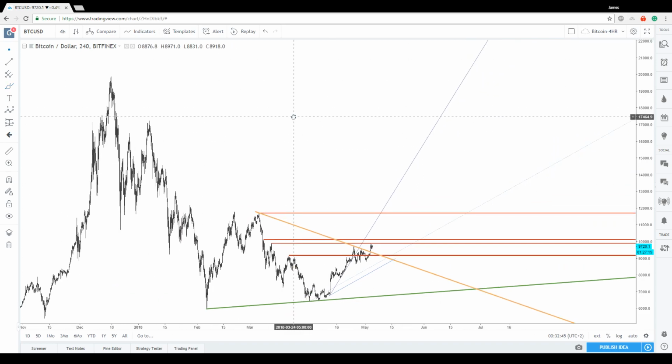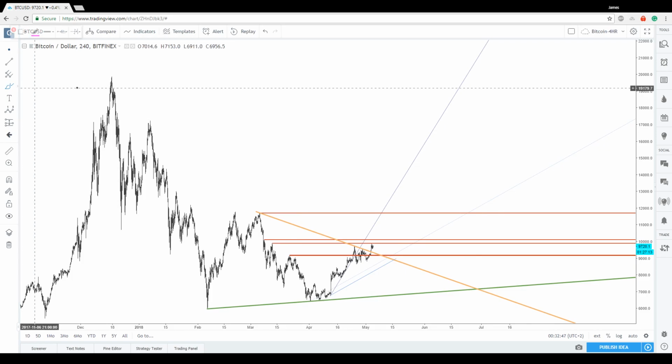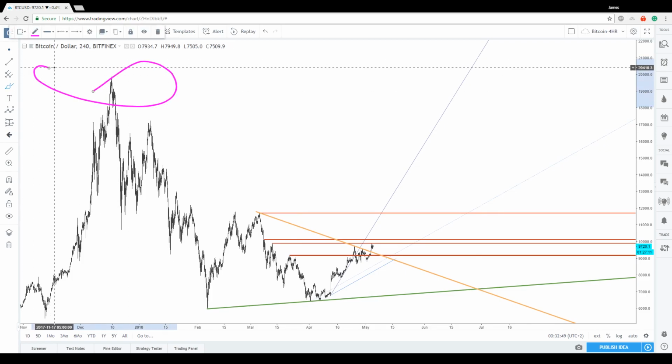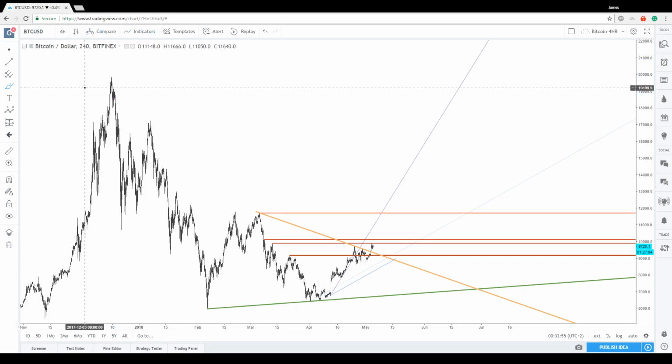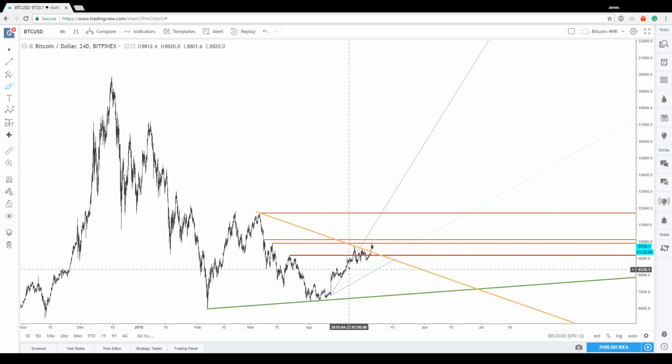But I'm not going to sit here and tell you we're going to 20,000 next month or anything like that. Realistically speaking, if we're going to get to this zone, it could take until the end of the year, because the only thing that grows to the sky are trees. Corrective moves are definitely going to occur. If you don't believe me, look at any chart of any asset class.